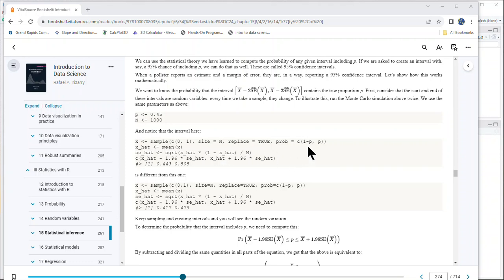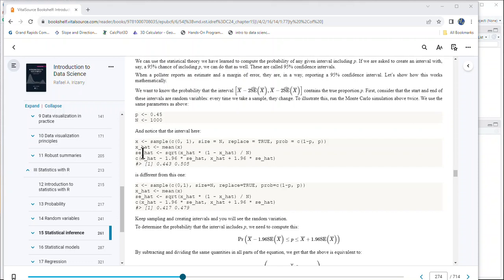So it says pick no for not success, 1 minus 45%, and pick the probability of success to be 45%. So out of the sample, I picked no 0 times, 0 times 1 minus 45%, and I pick yes 45% of the time. And that's what this simulation is.